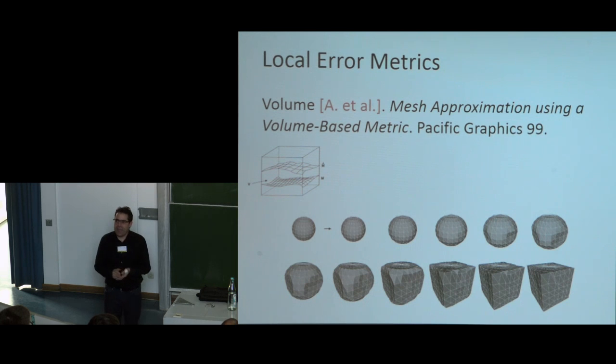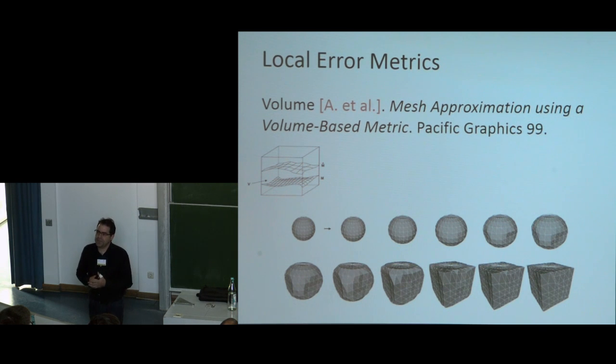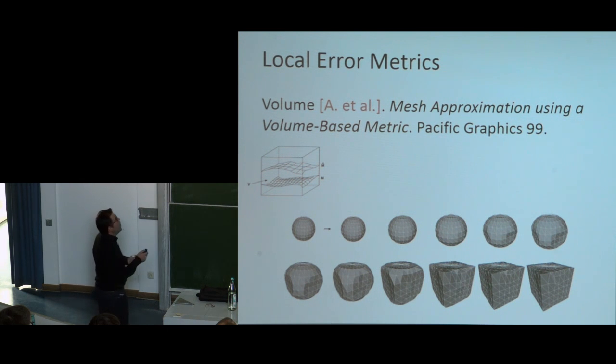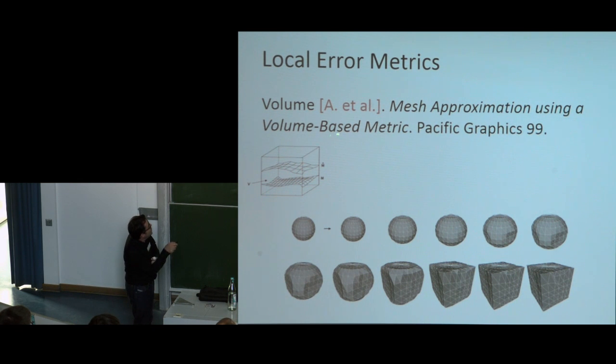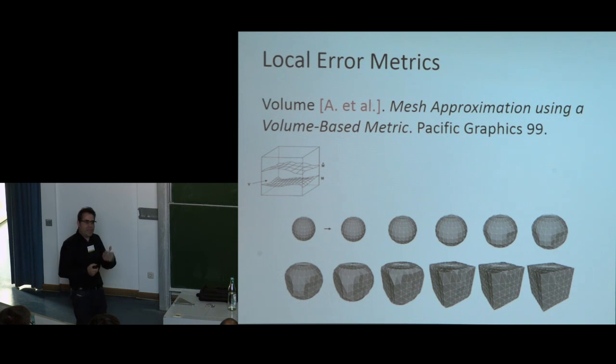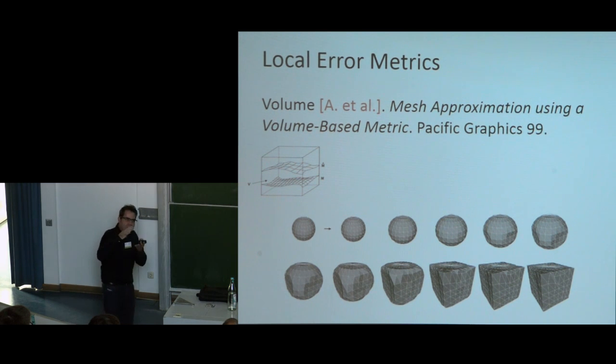In that case, you can construct an algorithm, either a mesh optimization algorithm or even a simplification, in which we were able to minimize the volume between the two meshes using an algorithm based on gradient descent, where we simply minimize the volume between the two surfaces.